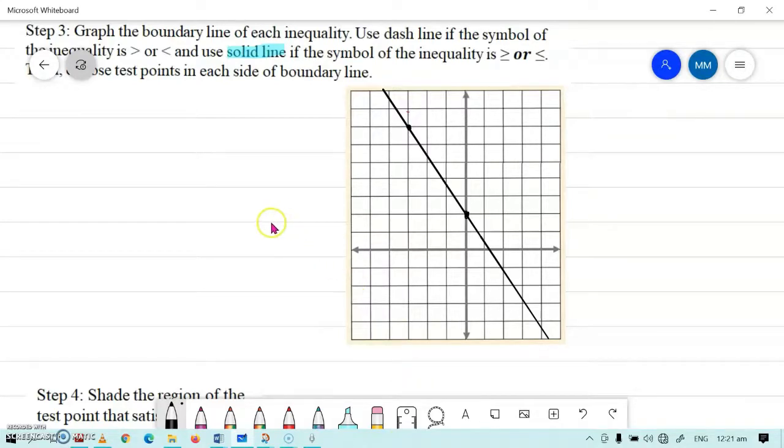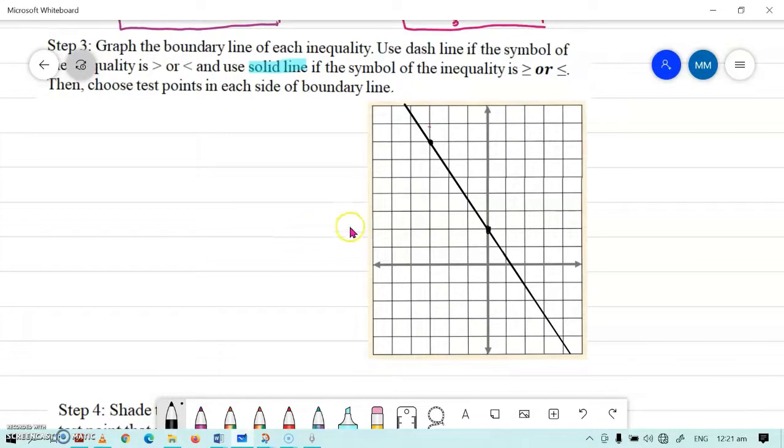Okay, and now that we have already identified the boundary line for the first inequality, we need to assign test points on each side of our boundary line. So let's have here as our test point A, and let's have here as our test point B. Again, we need test points in order to determine which side of the boundary line we shall shade.